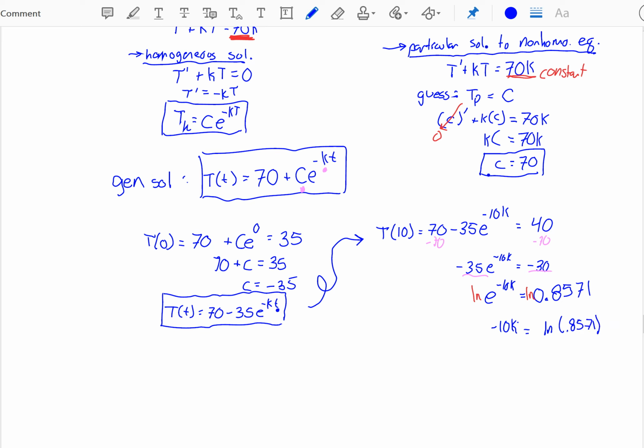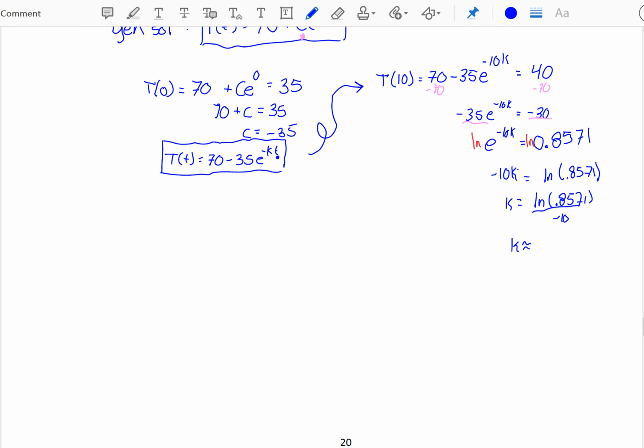We'll divide by negative 10, so that k is going to be equal to the natural log of 0.8571 divided by negative 10. And if you're grabbing your calculator to confirm this, I think we should get k is approximately, if I go to 4 decimal places, 0.0133.